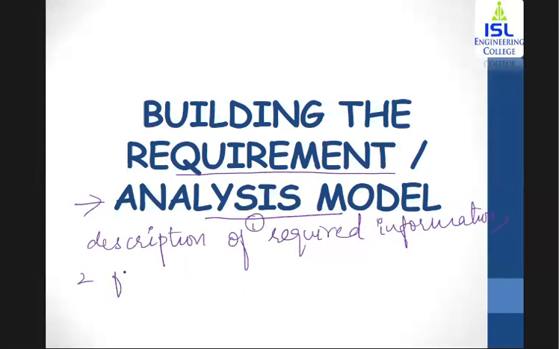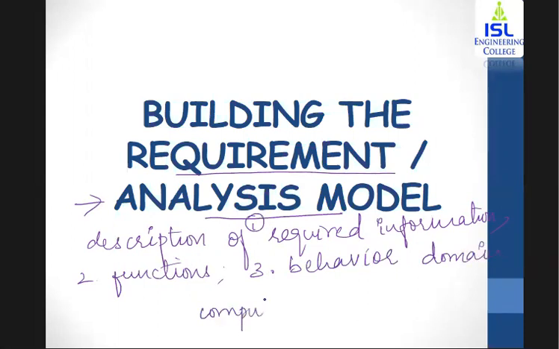Second, it tells you about all the functions that are there within the system. And third, it depicts the behavior of the domain of a computer-based system, that is, the software that you're designing. So this is why we are designing an analysis model.